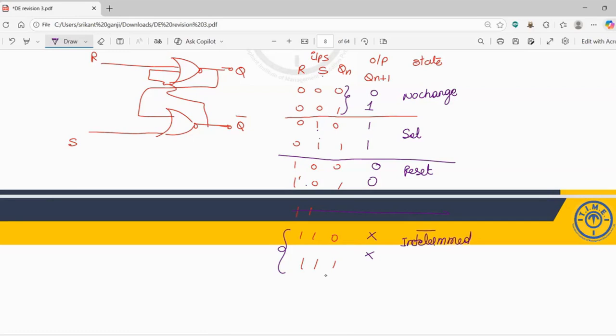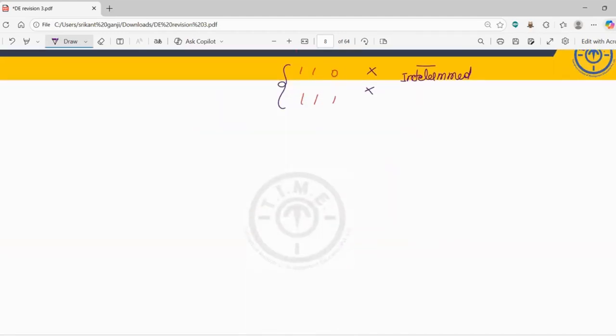But you can use a logic circuit if you want to design the SR latch by using NAND gates. So here you can give it like this. For S you can use a NAND gate. This is also a NAND gate, and here also it is a NAND gate.